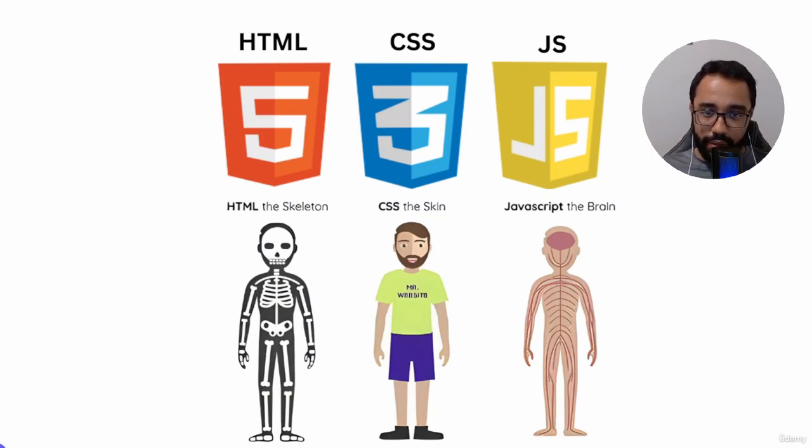CSS is the skin, the beauty, the hair, the clothes, the shoes, right? JavaScript is the brain, what makes everything work. If you only have CSS and HTML, it will only be a skeleton with clothes and hair and will do nothing, right? If you have your brain, you can do everything. JavaScript is what does that, right? So this is the structure of the web. Everything on the web probably uses these guys here.